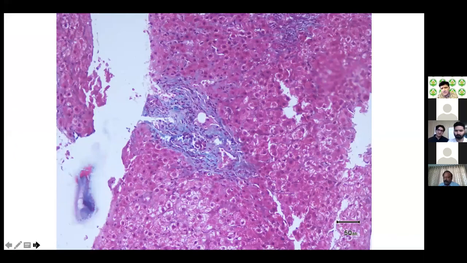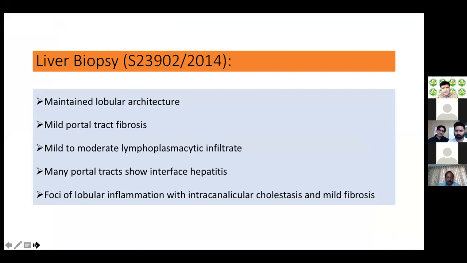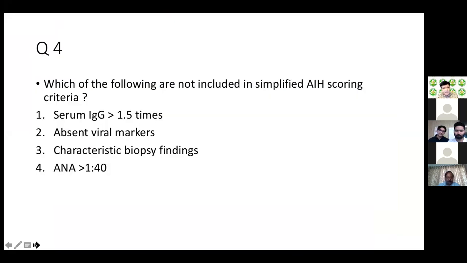Okay, maybe I'll request Dr. Sunil to tell us a little bit about scoring here. Do we have a poll question? Okay, poll question for the audience. Which of the following is not included in the simplified AIH scoring criteria?